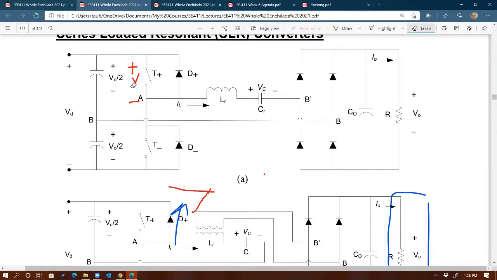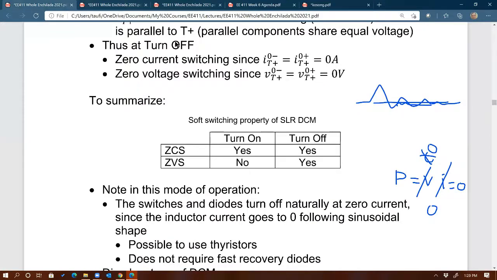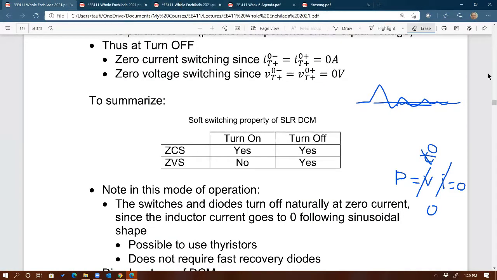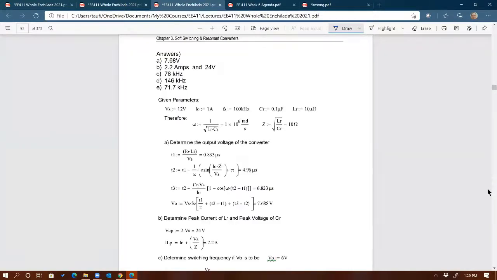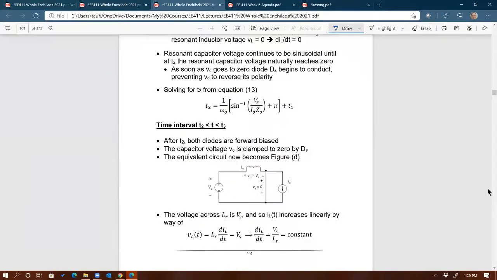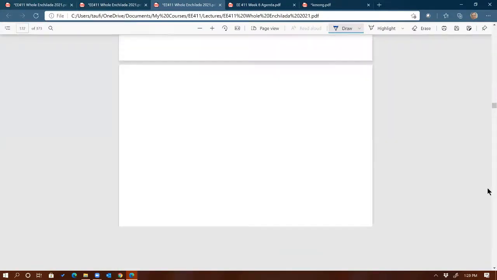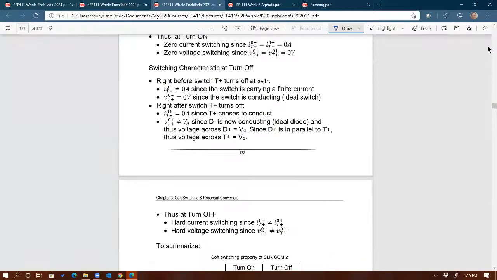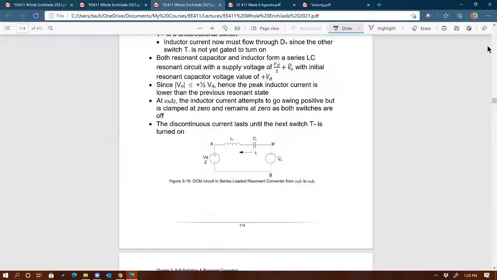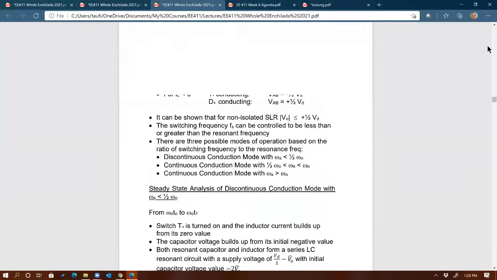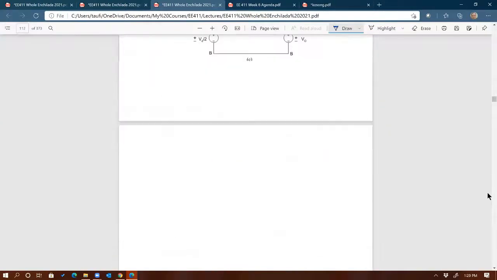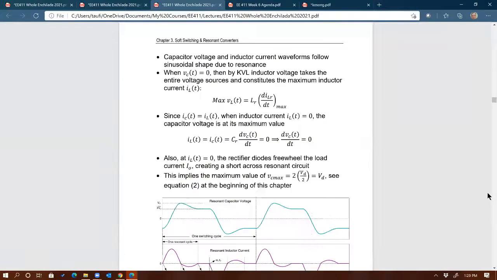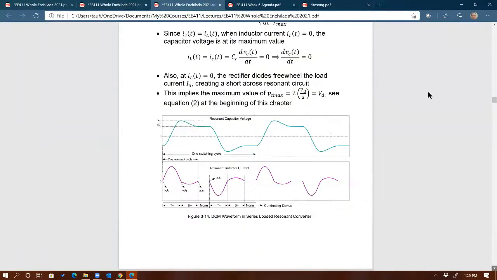I need to go to that waveform. Okay, turn on. Let's just do one quickly and then we adjourn. And we'll go over this on Thursday.